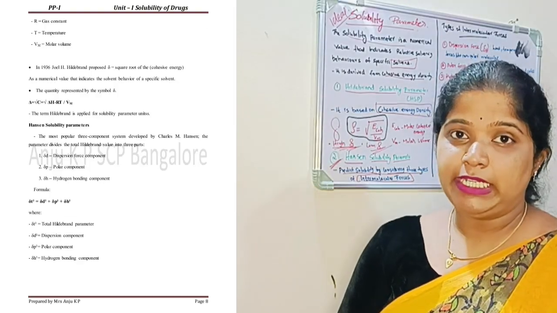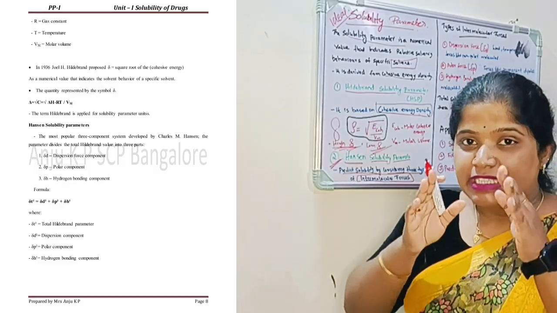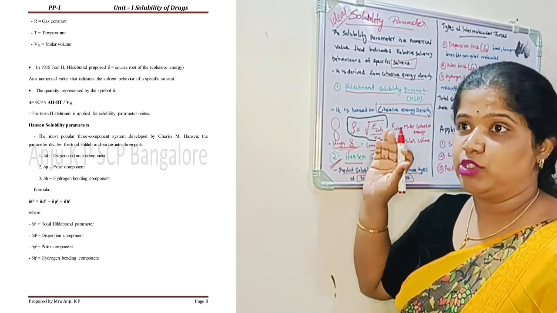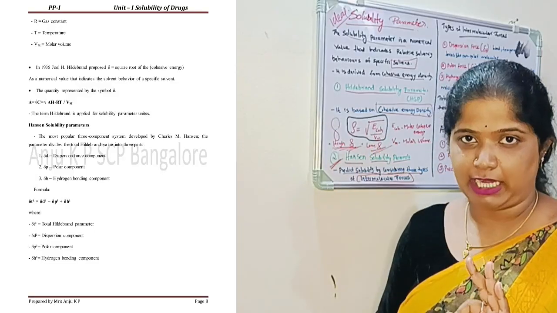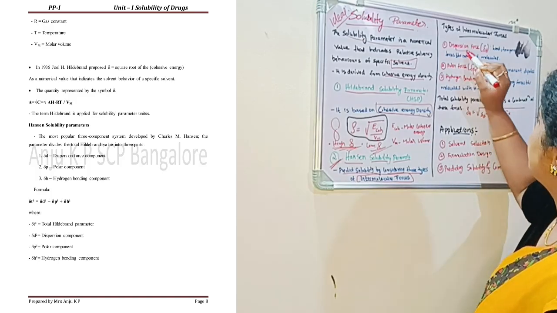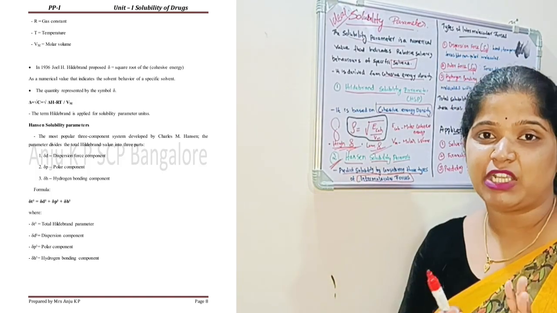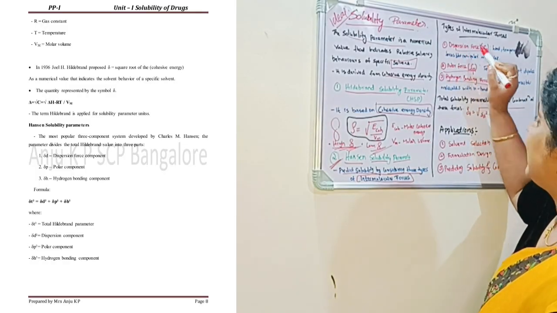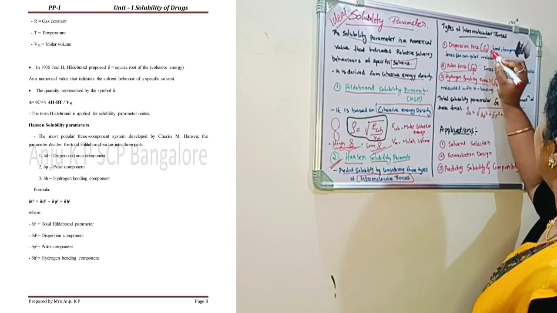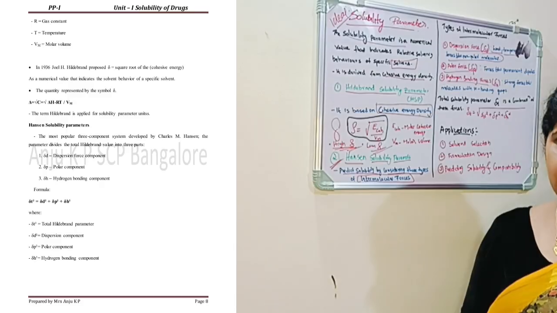Hansen divided the Hildebrand total solubility parameter into three types of intermolecular forces: dispersion force, polar force, and hydrogen bonding force. These are the three component system. The first one is the dispersion force, represented by delta D. That is the weak force, a temporary force between non-polar molecules.